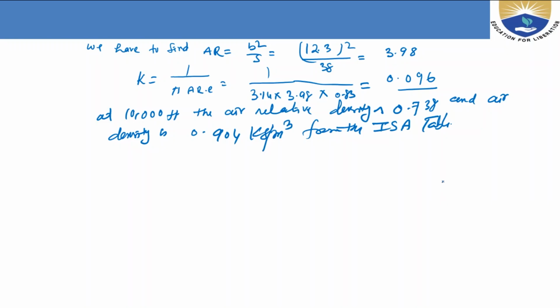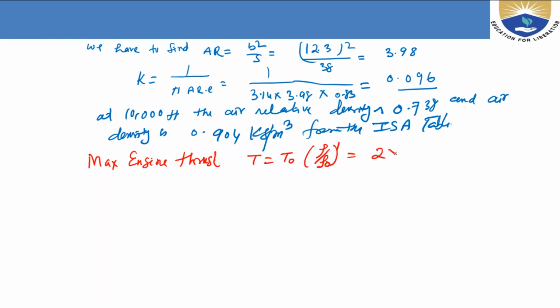So now the maximum engine thrust. T is equal to T naught times rho by rho naught to the power 1.